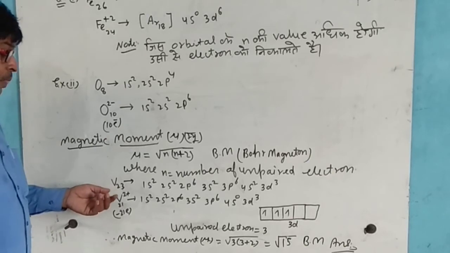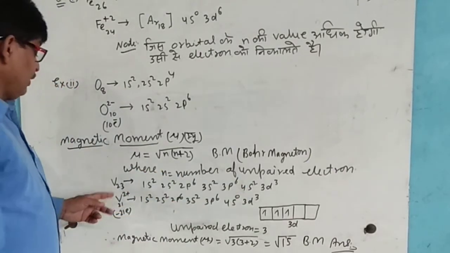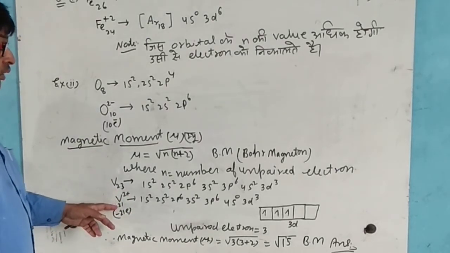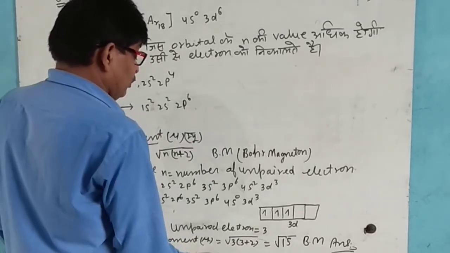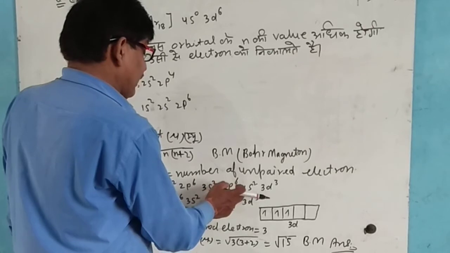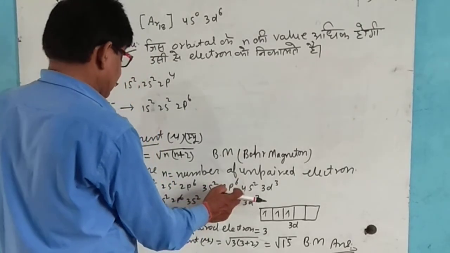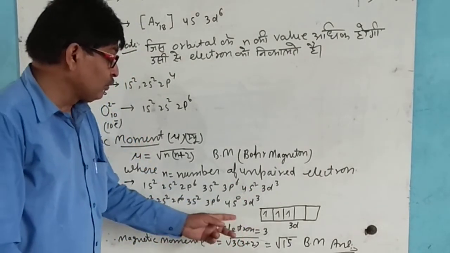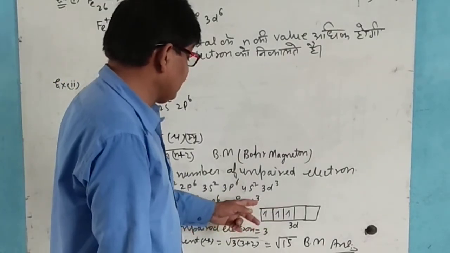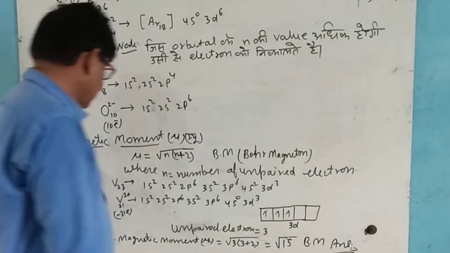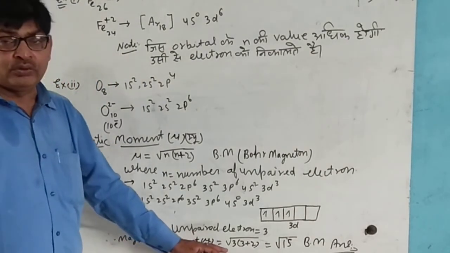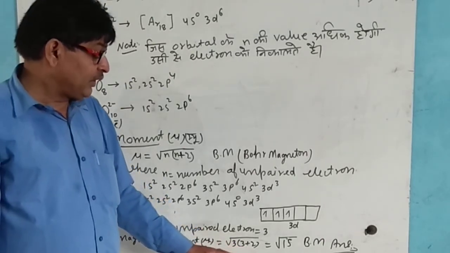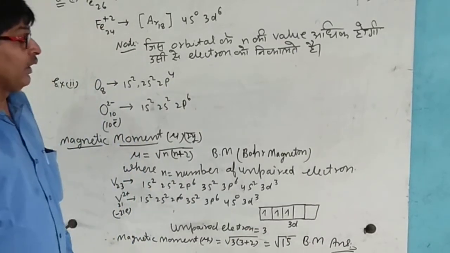Now the vanadium electronic configuration is this: vanadium 2+ means 2 electrons are removed, from 23 to 21, and in this case also the 2 electrons are removed from 4s, because the value of n is greater there. Now the unpaired electrons in 3d equal 3, so the magnetic moment is the square root of 3 times (3+2), that is the square root of 15 Bohr magnetons.